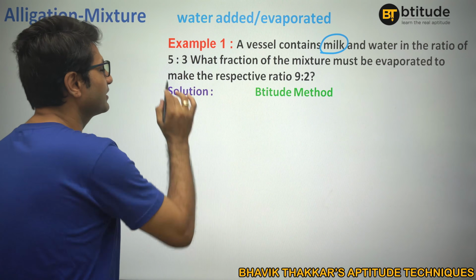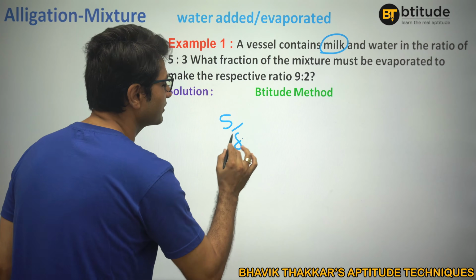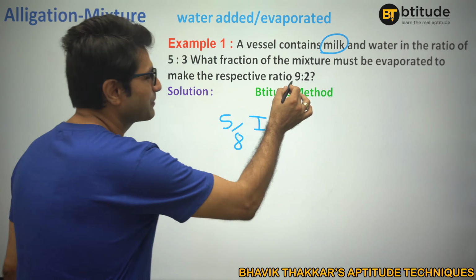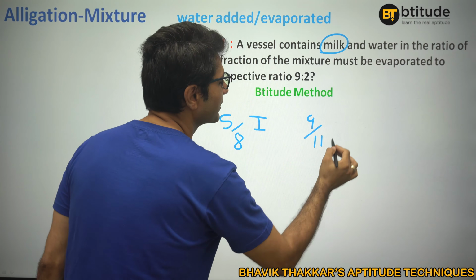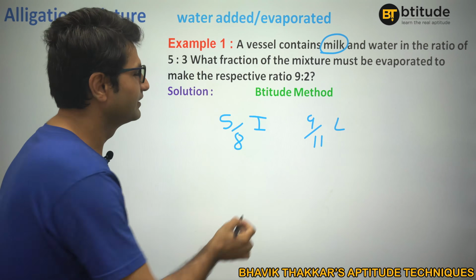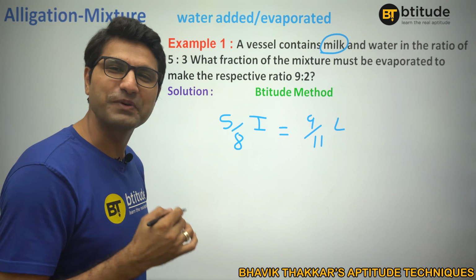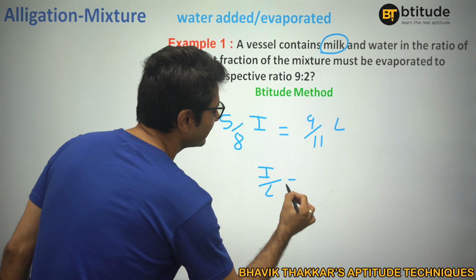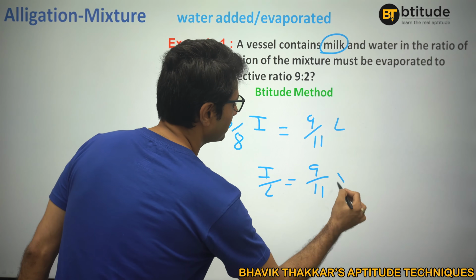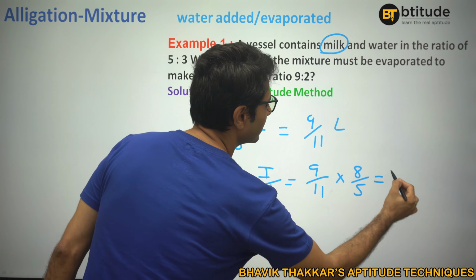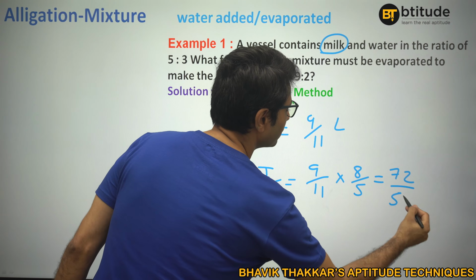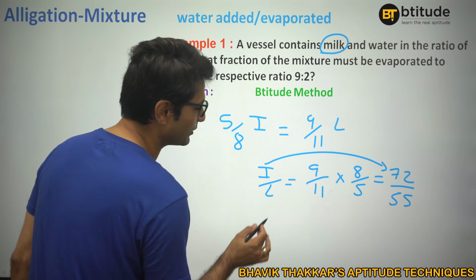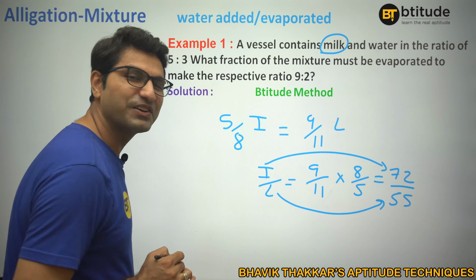You will understand that 5 by 8 of the initial mixture, let us say the initial mixture is I, and 9 by 11 of the latest mixture, say the latest mixture is L, are going to be equal, yes or no? So, that means I by L is equal to 9 by 11 multiplied by 8 by 5. So, you can say 72 by 55. What does this mean? This means if the initial mixture was 72, the latest mixture is 55.